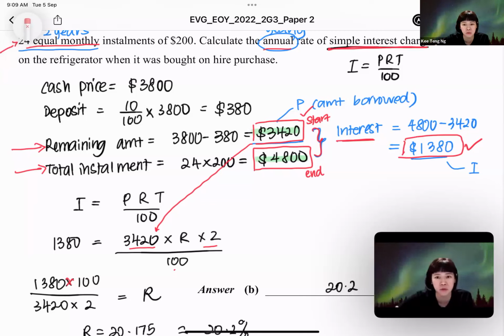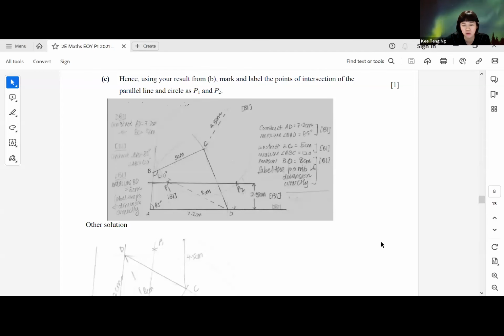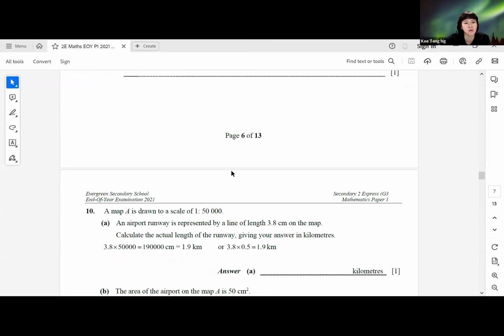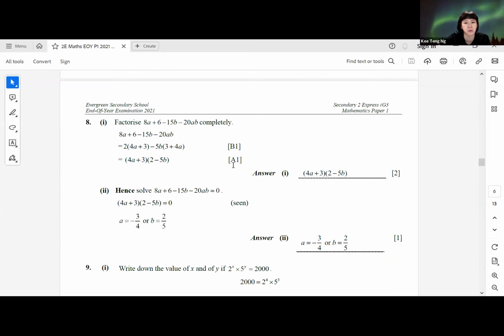Okay, let me show you my mark scheme. Let me share. Are you able to see my screen now? Okay, so for example, if we have a proper mark scheme, what is a proper mark scheme?